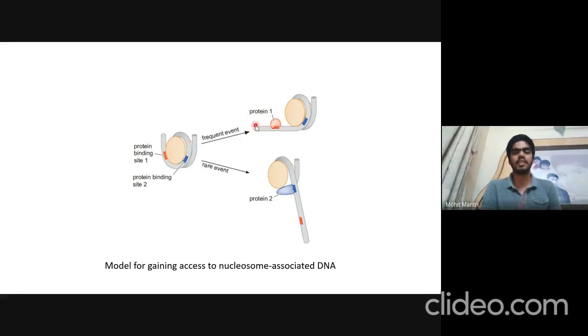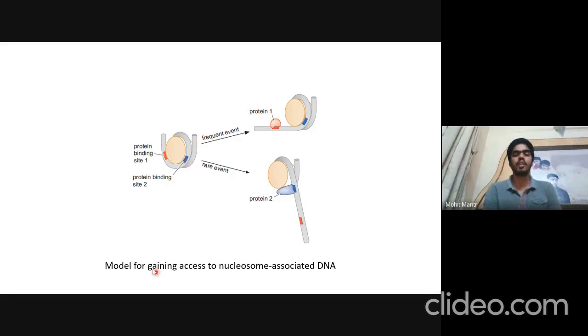Such events are frequent because this DNA is not packed, and the sites which are closer to the core DNA will rarely be able to bind the protein associated with them. So protein 2 will find it difficult to bind to its binding site because this is not freely accessible to the protein structure.